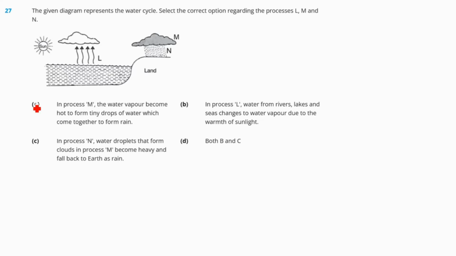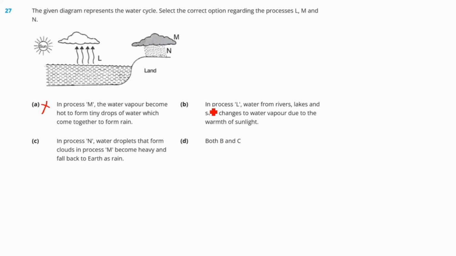Let's see. First option says in process M, the water vapor becomes hot to form tiny drops of water which come together to form rain. Water vapor becomes hot. Water vapor is formed when the water is hot. So, this is not the correct statement.